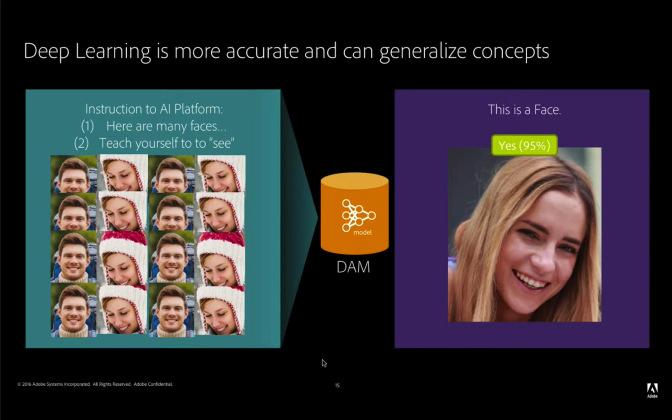Then I'll label them faces and not faces, run them through the algorithm, and then I have a great classifier. So that's really why deep learning is so powerful: you don't have to tell it what to look for. It builds that model, that understanding, itself just from examples.